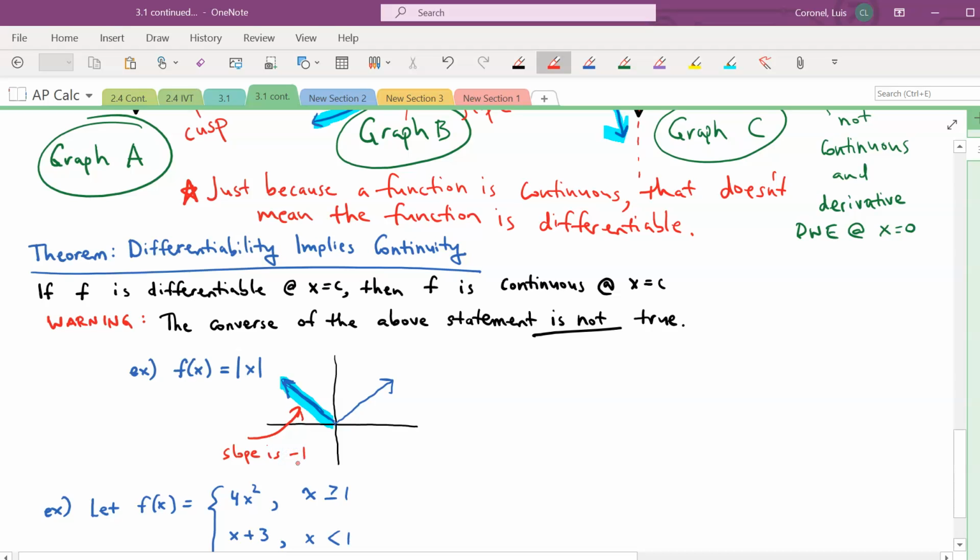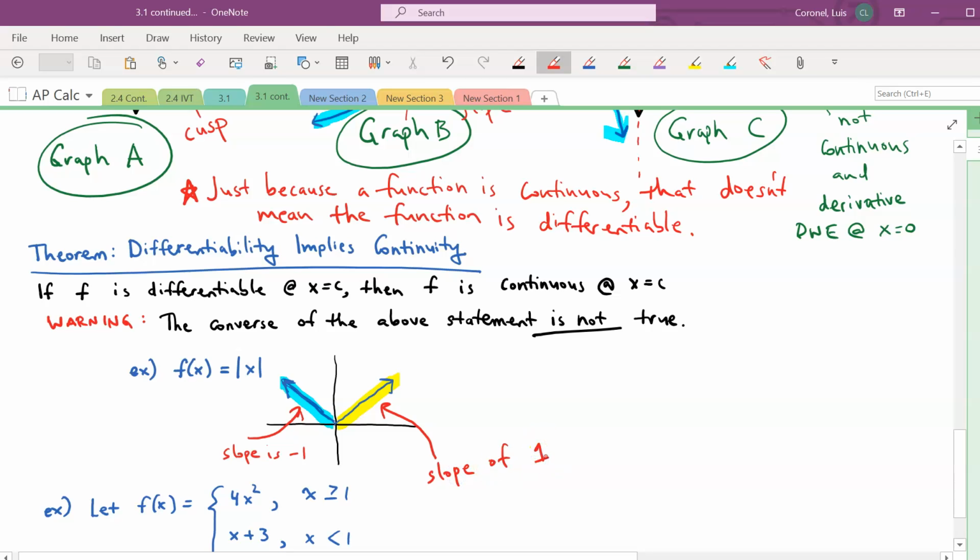Now, if we look on the right side of the graph, I'm going to highlight that in yellow. On the right side of the graph, this has a slope of +1.